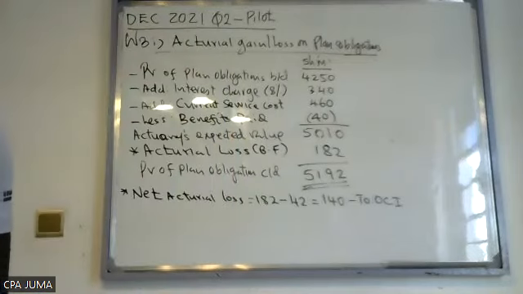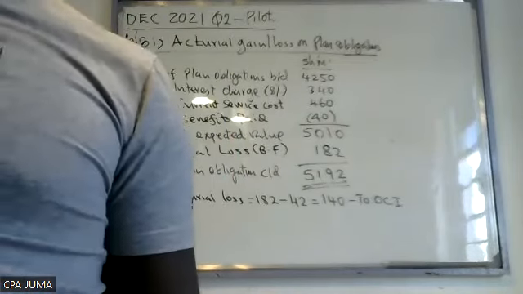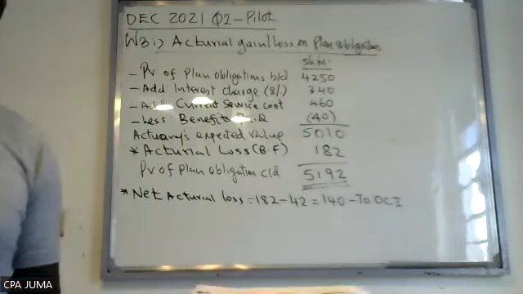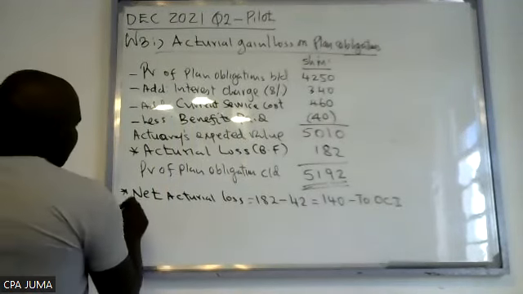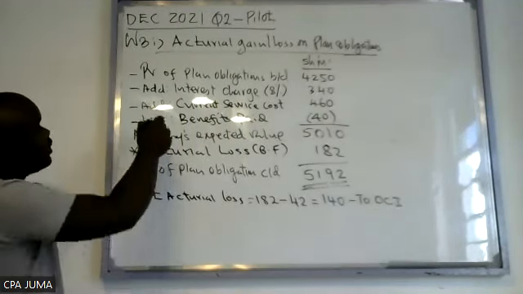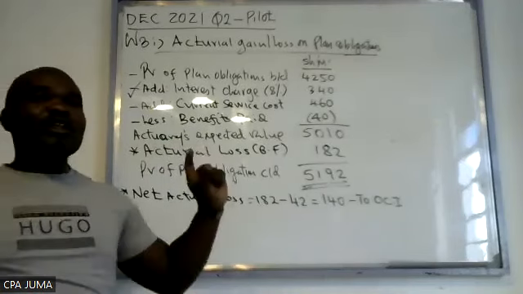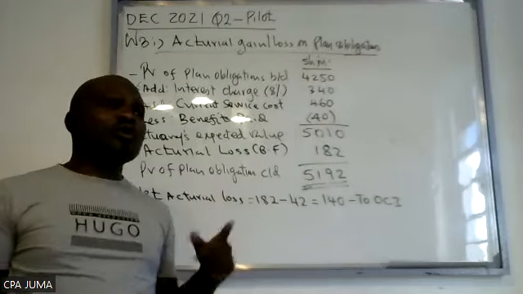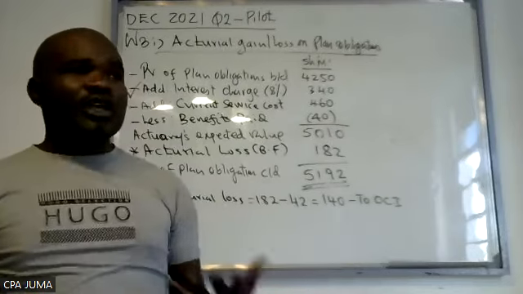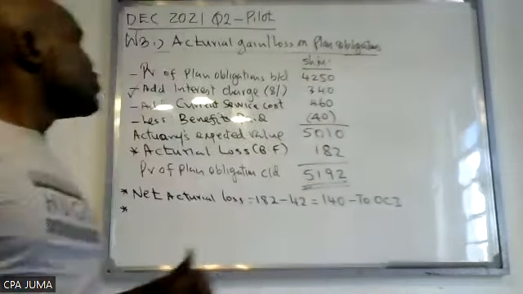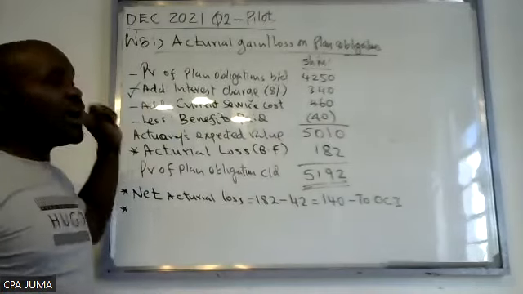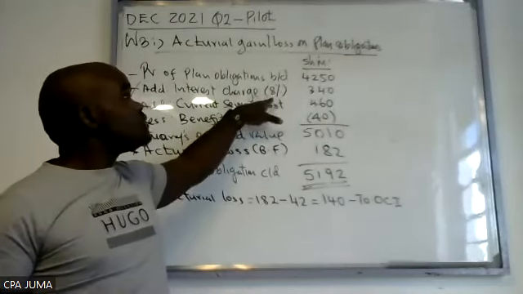That is one. Two, interest. When you check the expected return, you know expected return is interest income. So you have invested, you are expecting to get some interest on top. On the assets, it was 6%.